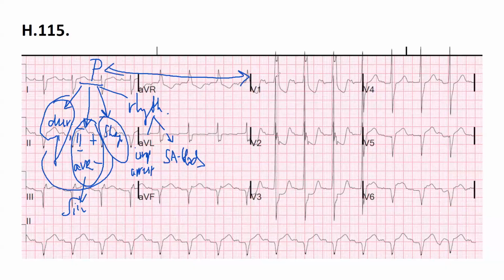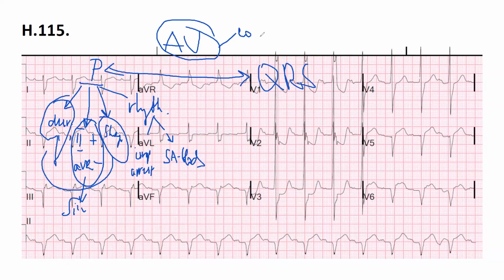We are evaluating the connection between the QRS and the P wave. This is the AV conduction. Yes? You can say that it's a long PR, or P is coming regularly, but not every P followed by QRS.